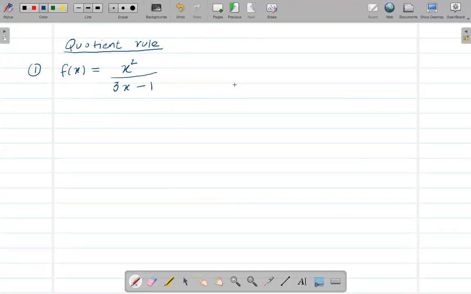And I want to take the derivative of this function. All right, so here we have a division, right? So in this kind of problem, we can use a quotient rule. So the quotient rule says that, let's say we have a function, again, on the top, g of x, and on the bottom, h of x. I want to take the derivative of this.